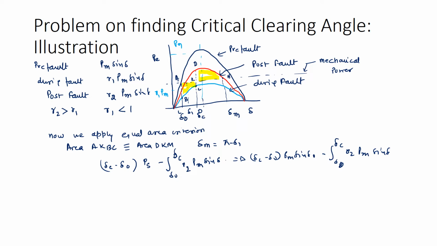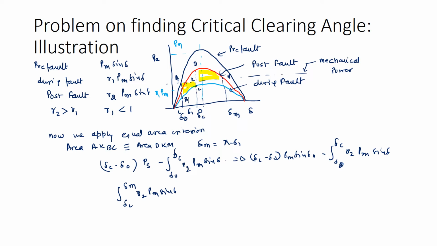Now, from here I can also calculate the second area, which is DKM. This DKM is between delta C and delta m, and it is equal to the post-fault curve, R2 PM sine delta.